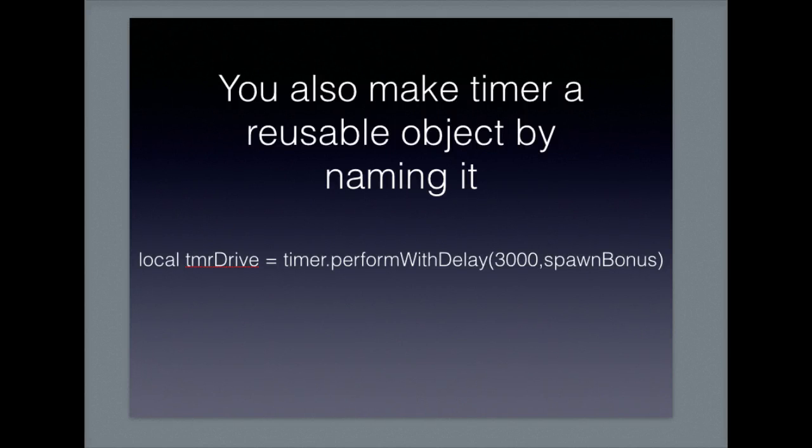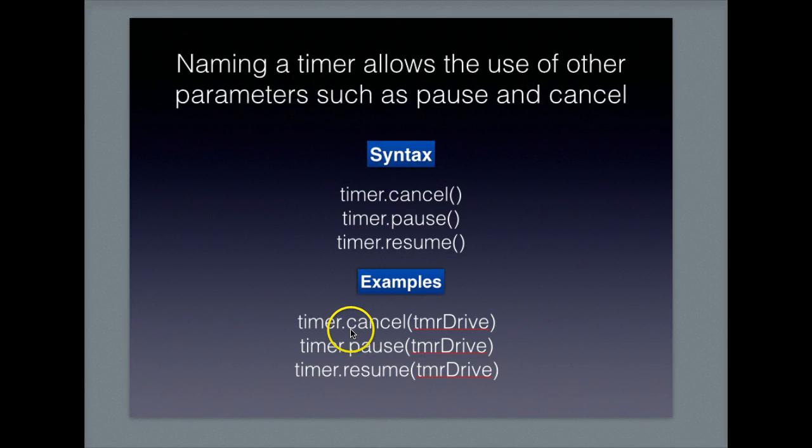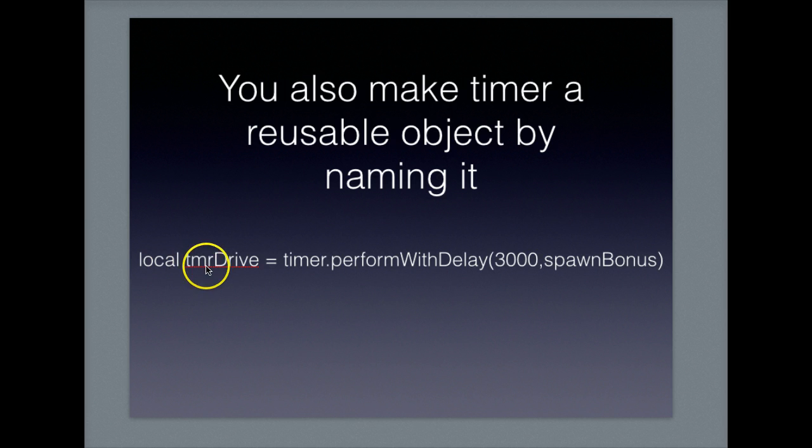So if I go back to this other slide, here's how it would cancel TMR drive and pause and resume by using the actual name after I've explained to the computer, right here in that line, what TMR drive actually is.